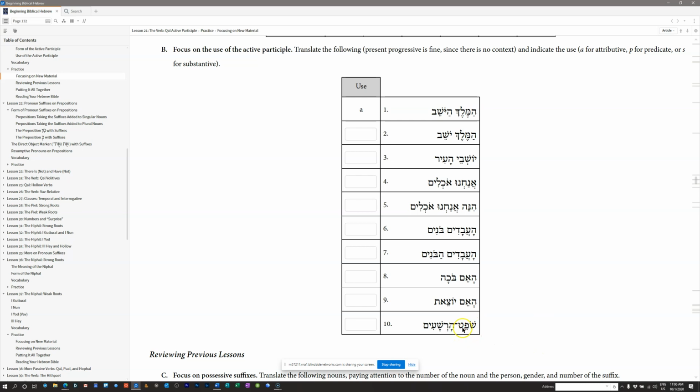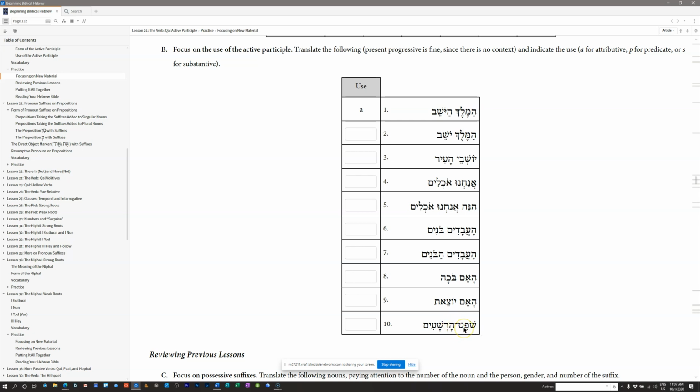So shofet, we've got a construct here. So this is, since it's a construct, we know it's substantival. So shofet ha reshaim, judge of the wicked. Now remember, in a construct, your construct is going to match the definiteness of your absolute.